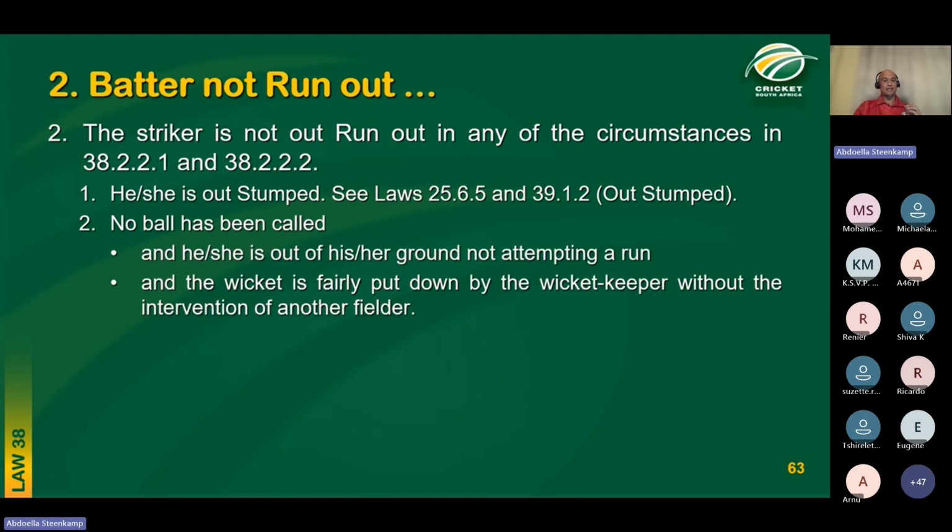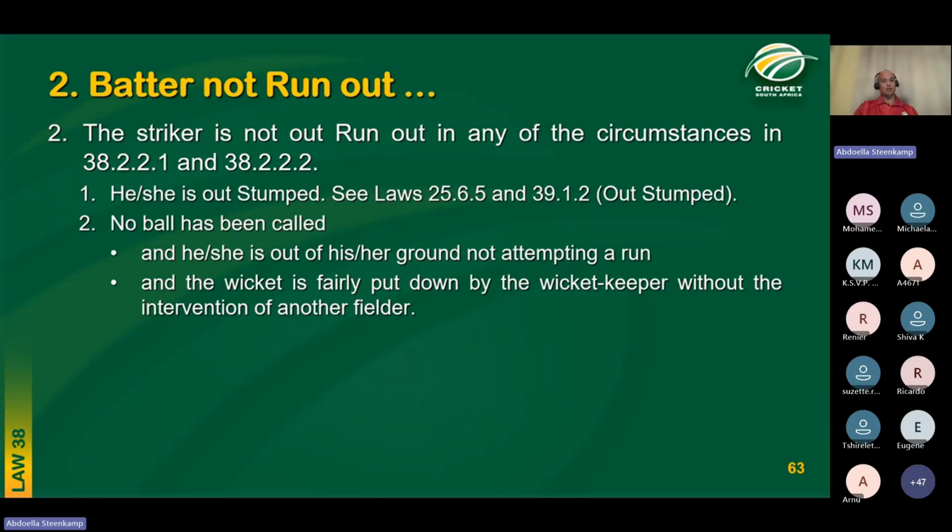Also, a batter is not run out if a no ball is bowled. I'm going to use an example to illustrate what the law is trying to tell us in point 2. Visualize a spinner bowling, front foot no ball, bowler and umpire call it. The keeper is standing up for the spinner, the striker double steps, the striker misses the ball, the keeper takes the ball and takes off the bails.